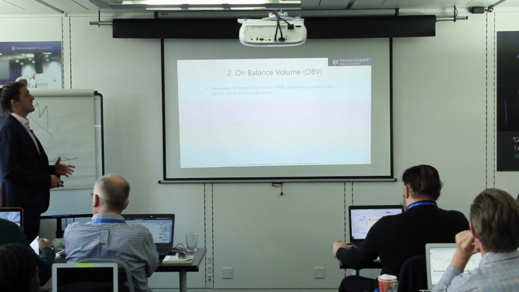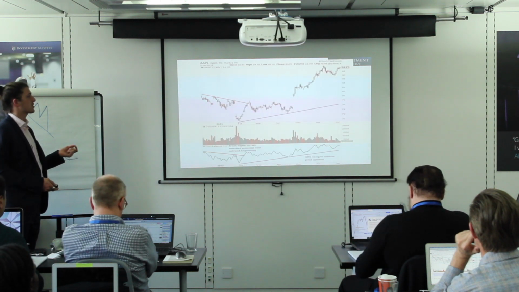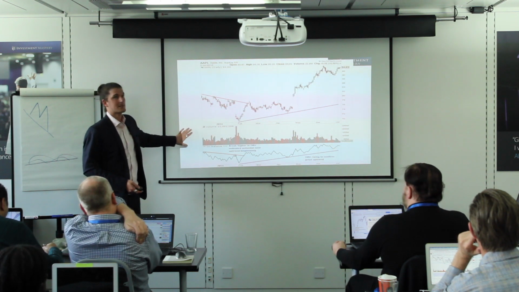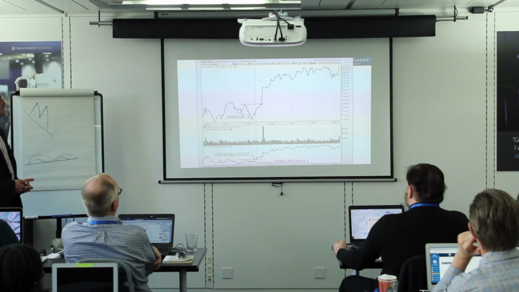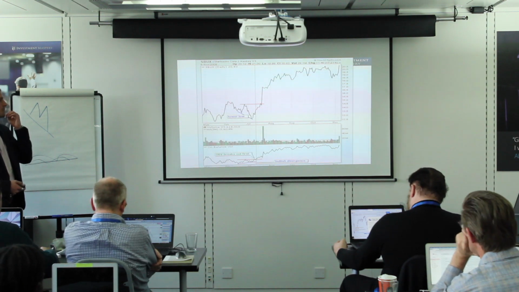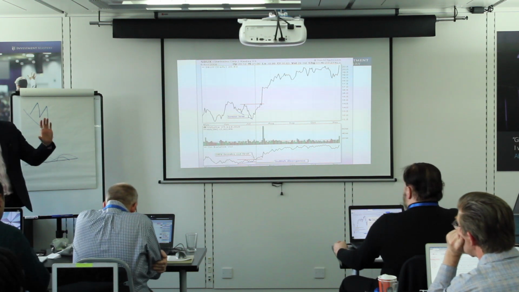All right, so OBV is another one. You can read about this one, but it's on balance volume. It also takes volume into consideration, so it's also a good one to use. It works similar to the MFI, but it doesn't show you overbought and oversold levels.